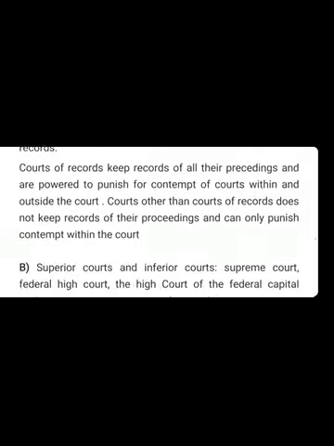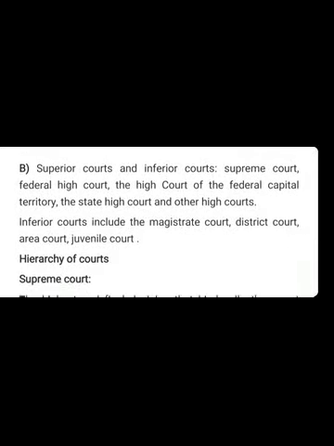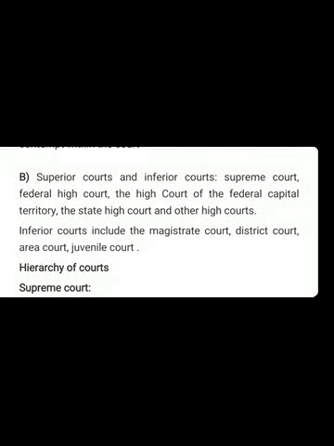I believe that is quite clear. Then we have superior courts and inferior courts. Superior courts are the Supreme Court, Federal High Court, the High Court of the Federal Capital Territory, the State High Courts, and other high courts. Then the inferior courts are the Magistrate Court, District Court, Area Court, and Juvenile Court.